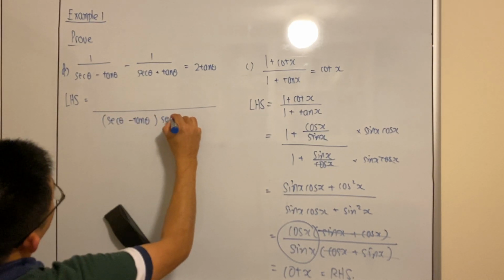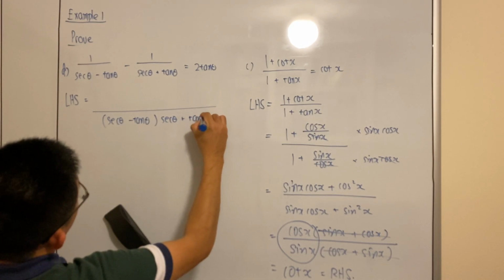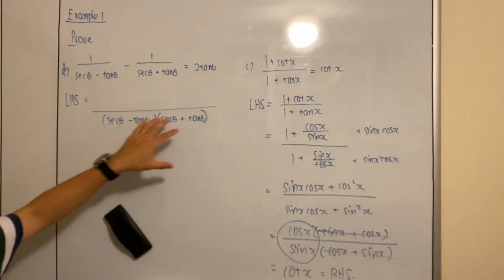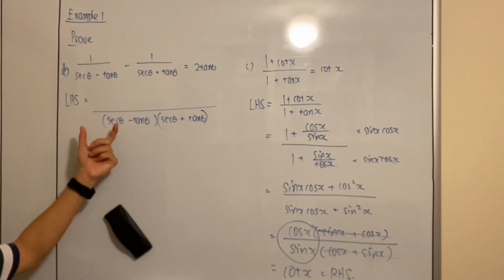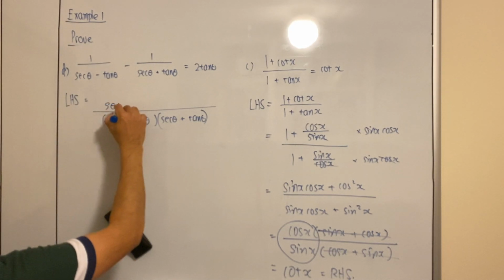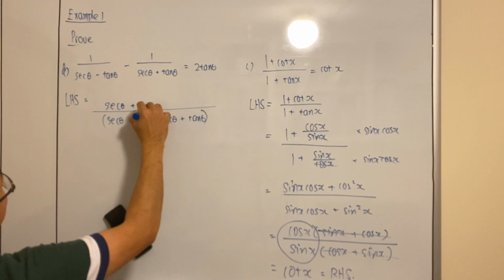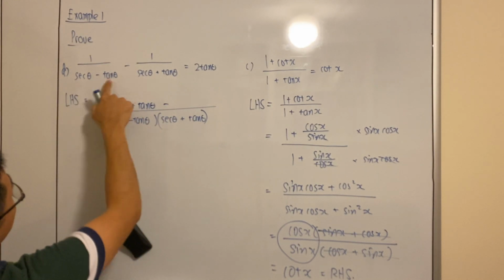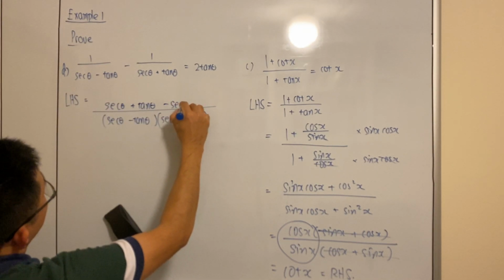Making the same denominator. Now, as you can see here, I don't want to do everything in one step. I still want to copy everything down like this, instead of writing sec squared minus tan squared, just to show a few working out. So that's sec theta plus tan theta minus this term here, sec theta.